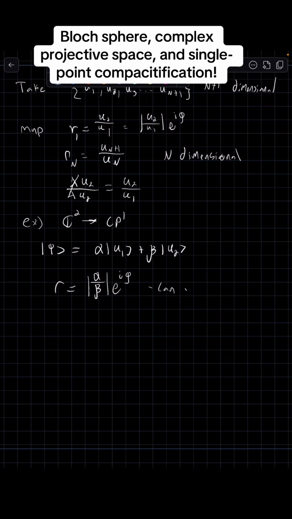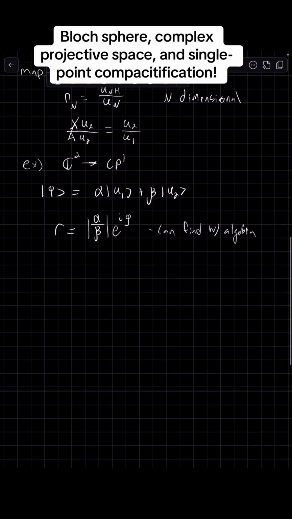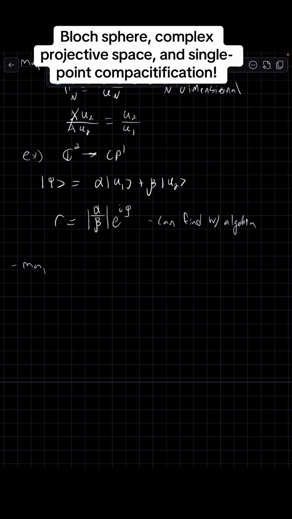We can find phi with algebra. Not really necessary right now. And now we can map our R's to a 3D 2-sphere. That's the fancy way to say it.